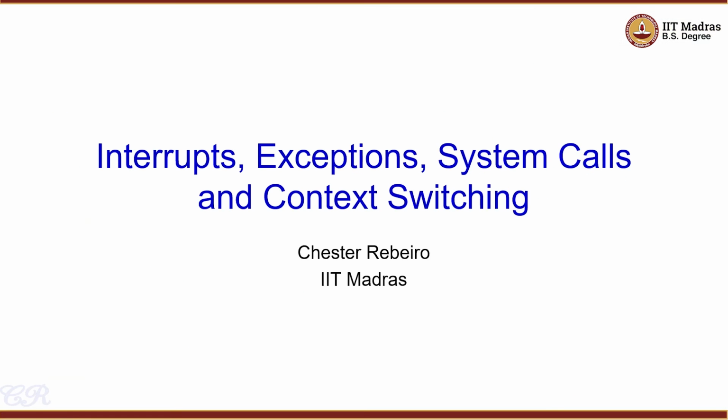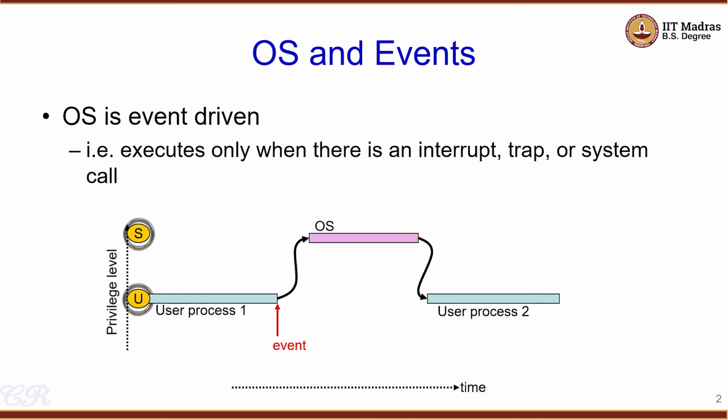Okay. So, given this brief introduction, we will now look into it in more detail, specifically focusing on interrupt handling in RISC-V processors, right? As a recollection, operating systems are event driven. After it boots up, the only time the OS executes is when an event occurs, right?